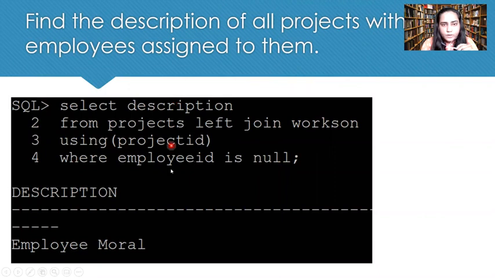So this is the query for this particular question, and I'd like to point out that you might want to use a right join also. So in SQL you have left join, you also have right join. So both will do the same work. But if you want to use a right join, then you just have to interchange projects and works on. So here you will write works on, and here you will write projects.